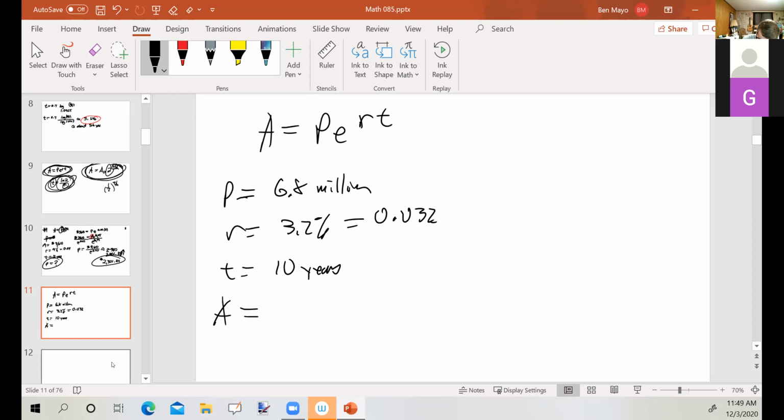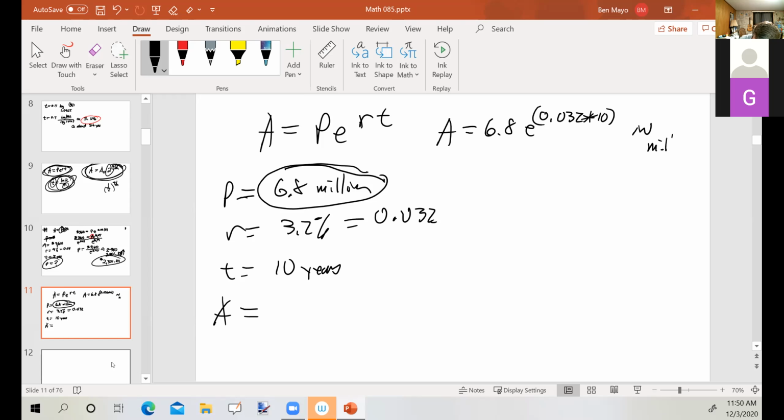Now, if they give you the information written that way, we're going to put 6.8 in for P, but keep in mind it's in millions. So the way I would write this, just to remind me, I would say in millions.